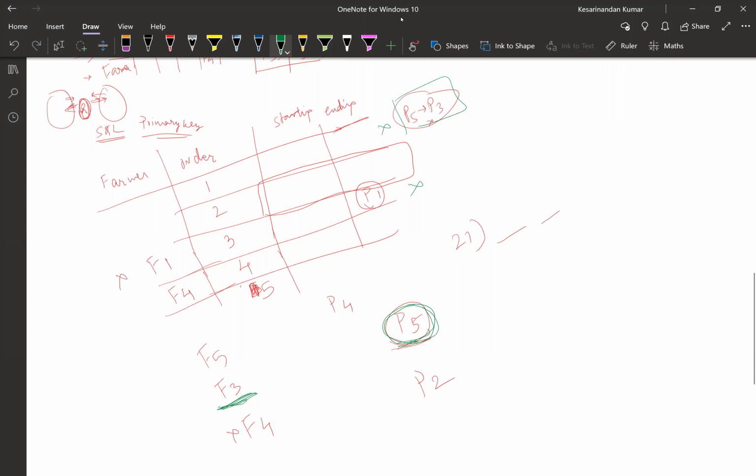And P5 as the starting point cannot fit here or here. That means these two can be the candidates for P5 as the ending point, right? Slot number 1 and slot number 3. And P1 already is occupying this slot. So can I put P5 here?